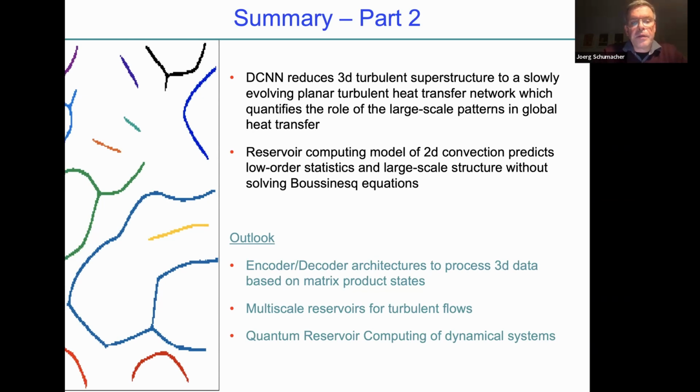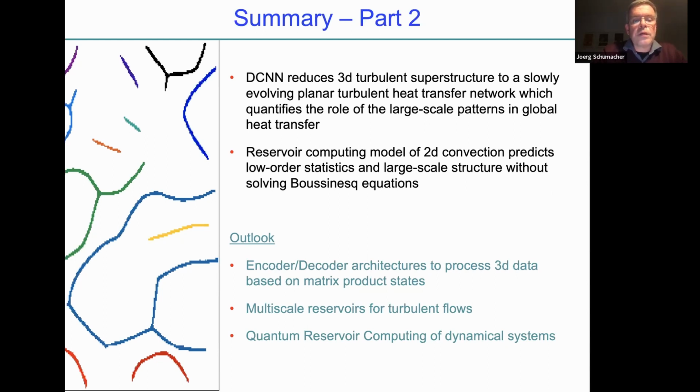There are still many difficult problems that have to be solved in the machine learning context. One of the major challenges is, if you want to process three-dimensional data, at some stage you will not be able anymore to do a proper orthogonal decomposition as we did in the 2D case.